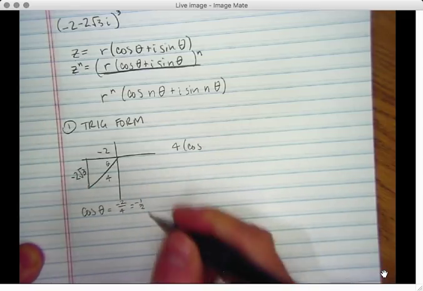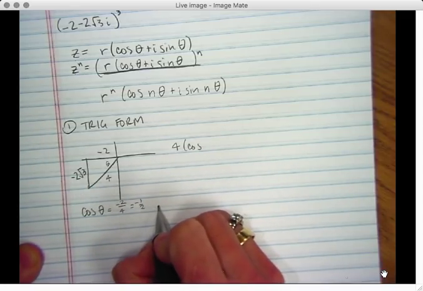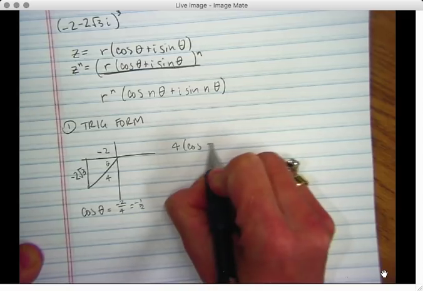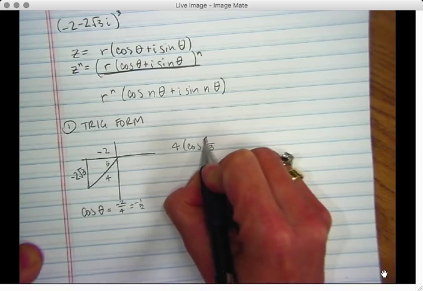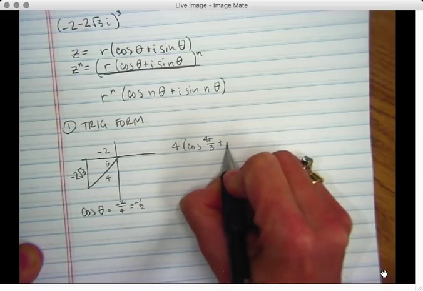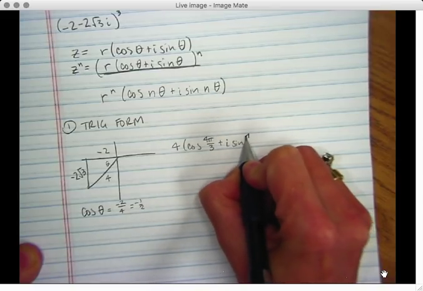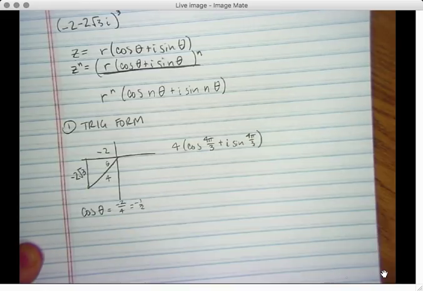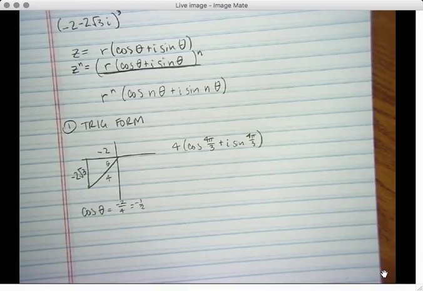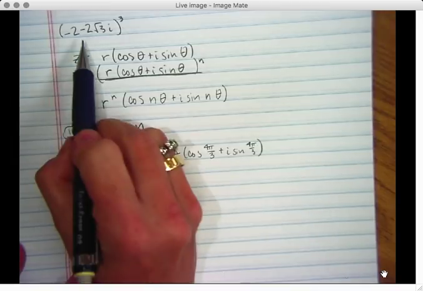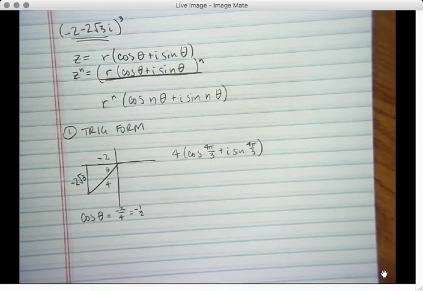And in the third quadrant, the angle that has a denominator of 3 is 4 pi over 3. So now I can write this in trig form. Okay, so that's the trig form of this complex number.